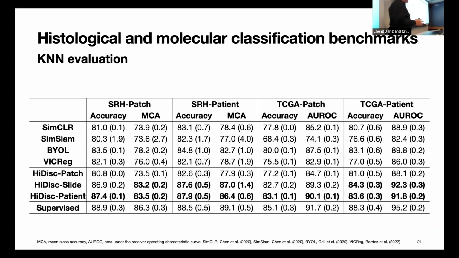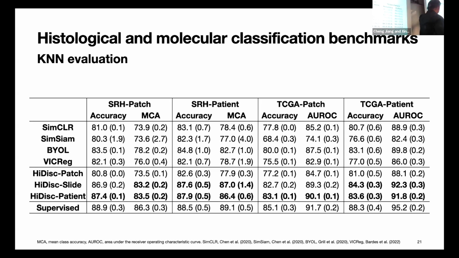I don't want to pay too much attention to other results, but I can tell you that HiDisk slide and HiDisk patient completely outperformed all the baselines that we have tried by a very wide margin. And here, HiDisk patch, right? If we only use patch discrimination, it's actually very similar to the baselines from prior studies, and that's also something that we have seen.